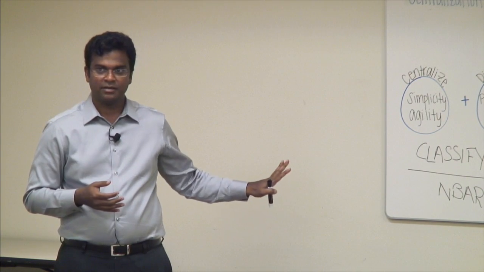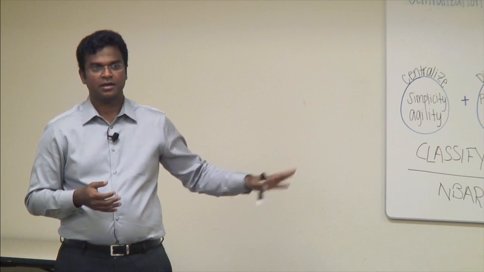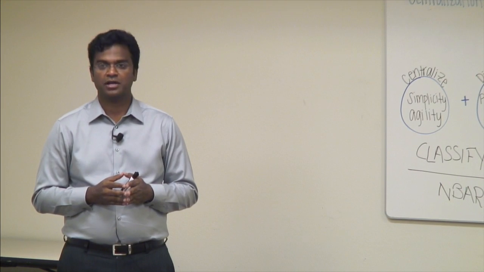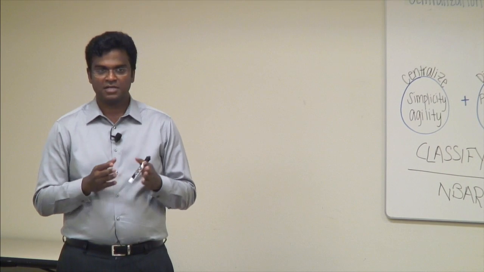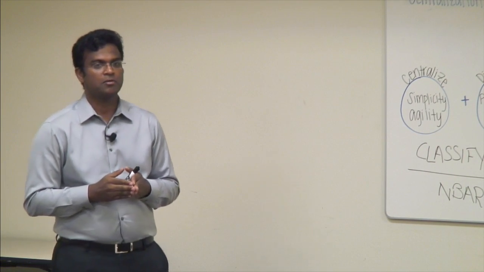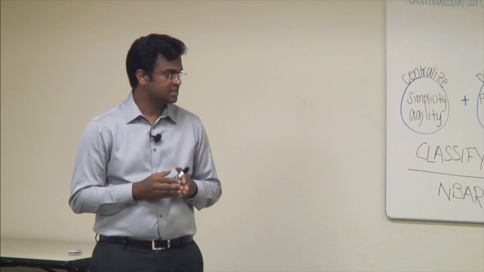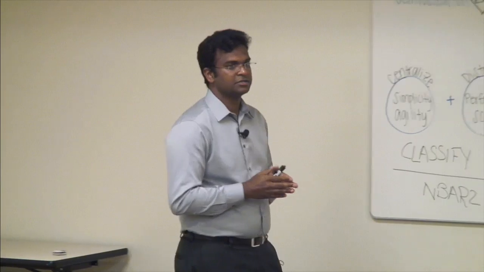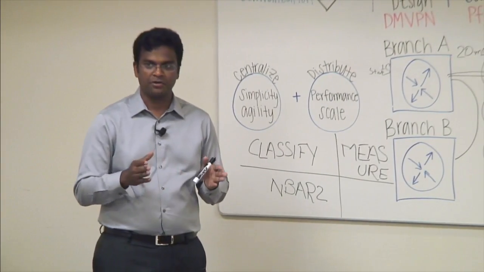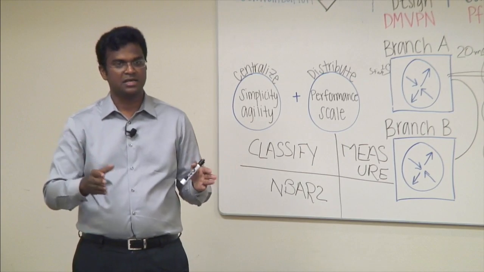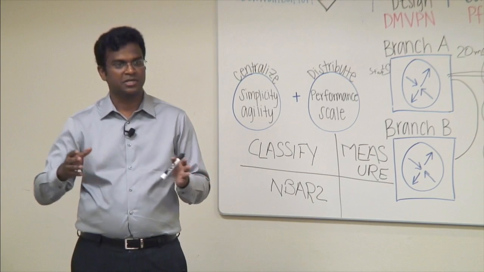Once you classify, measurement becomes quite easy. For measurement, we use what we call performance monitoring. The first aspect of performance monitoring is to identify where the problem is, whether it is client side, server side, or on the network side. So the first thing it does is macro level monitoring, which breaks it down into segments: client versus server versus network.